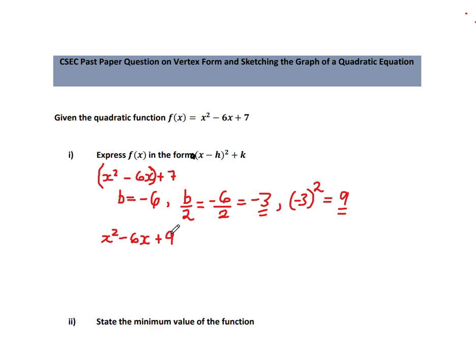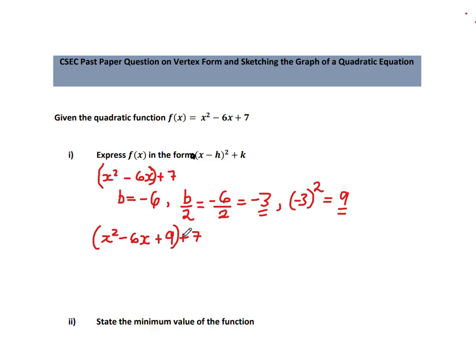We add that 9 to the variables in the quadratic equation, and the variables are the terms which are paired with x. In this case, that's x squared minus 6x, which I have bracketed here. So add the result of squaring b over 2, which in this case is 9, to the variables. Then we'll have plus the constant, so let's keep that in parentheses, plus the constant of 7.